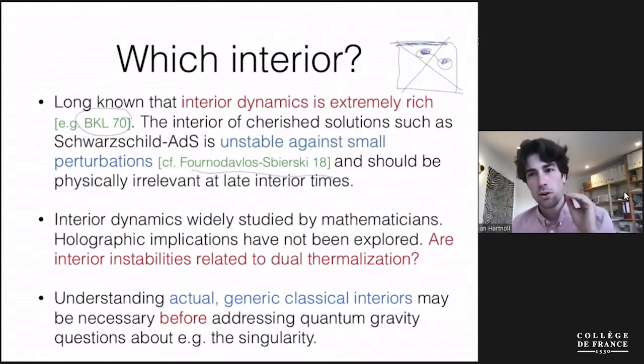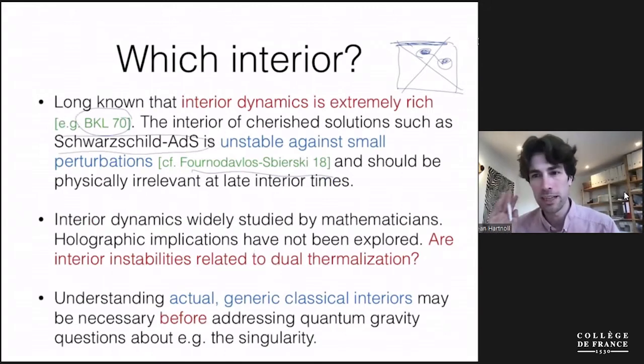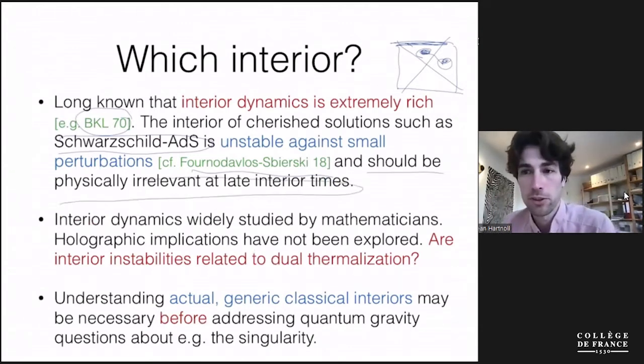And so all the papers that have been written in a holographic context on the interior use Schwarzschild AdS, which is unstable. Even though it's stable outside the horizon, it's unstable behind the horizon. So it's not the right interior to be looking at, right? The Schwarzschild AdS solution should be irrelevant at late interior times because it's unstable.